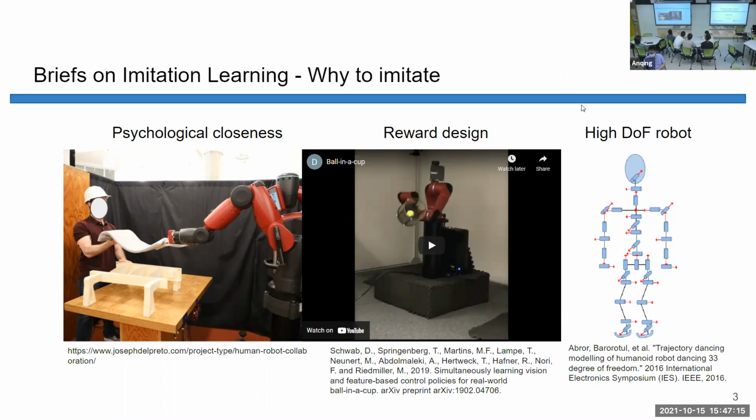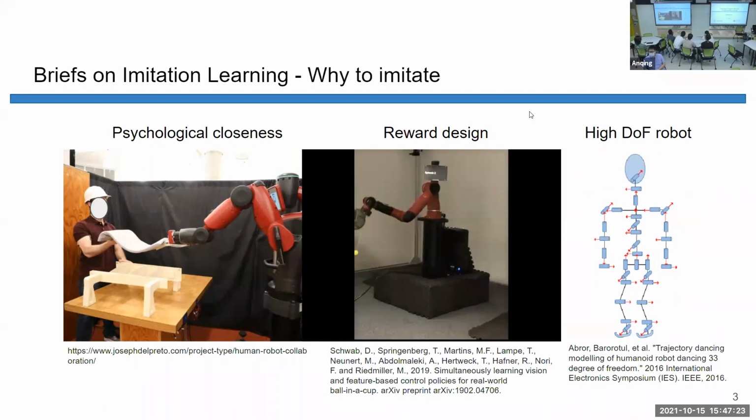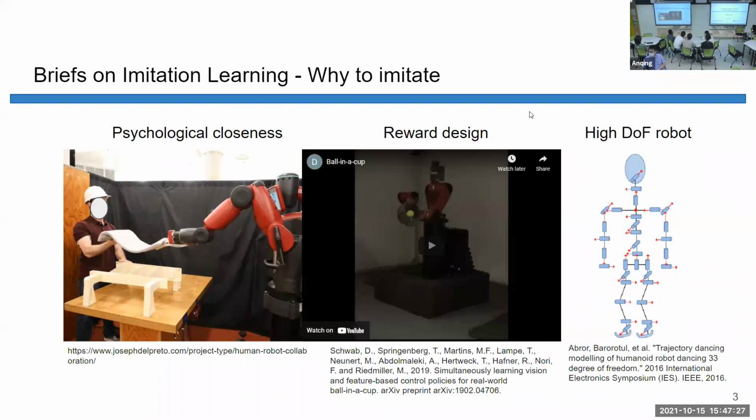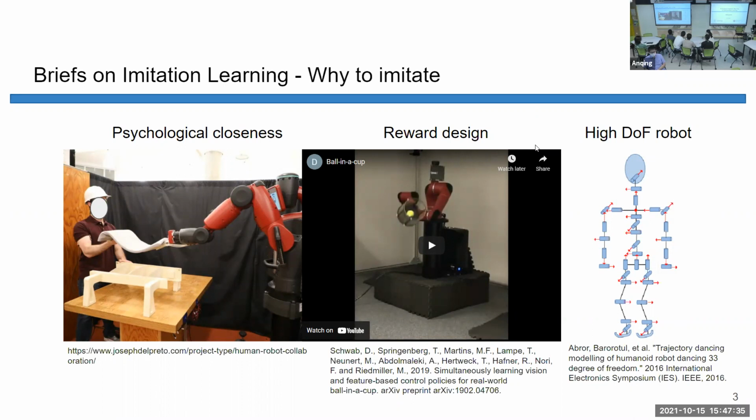And from a scientific point of view, for some tasks, it is quite difficult to design a reward manually. So we can consider to demonstrate the desired task first and let the robot imitate the desired behavior.